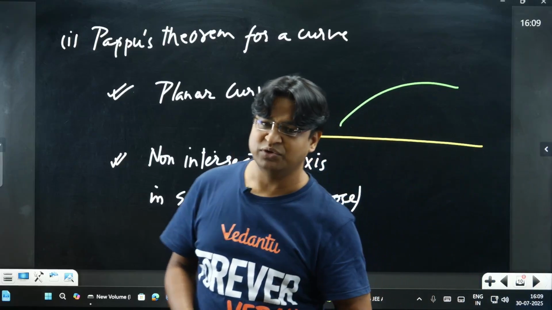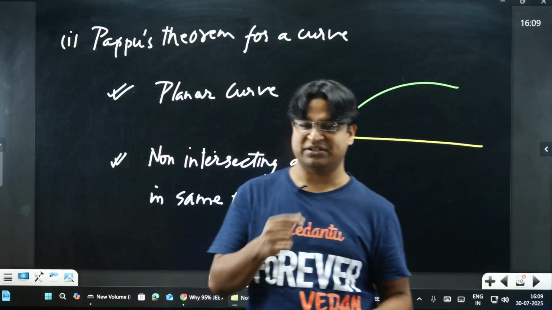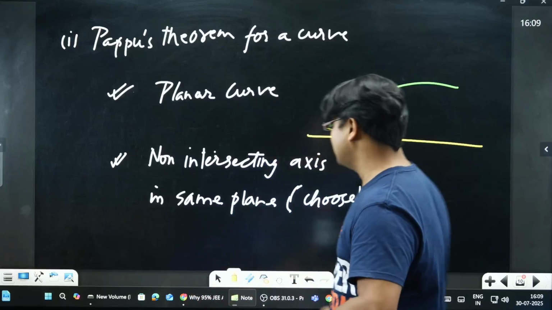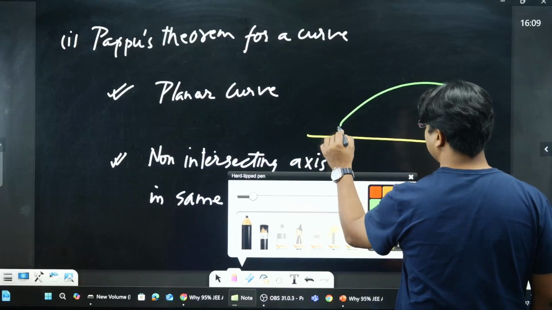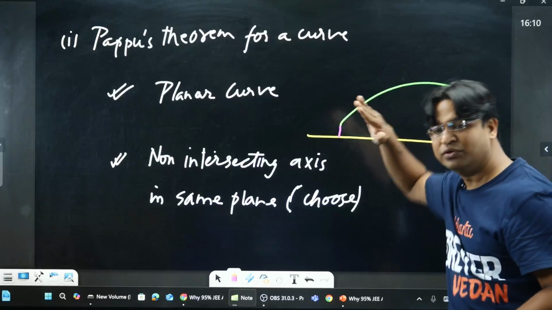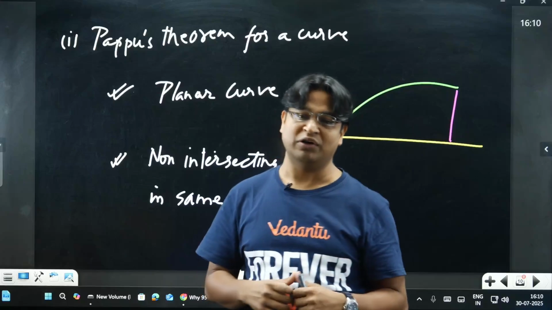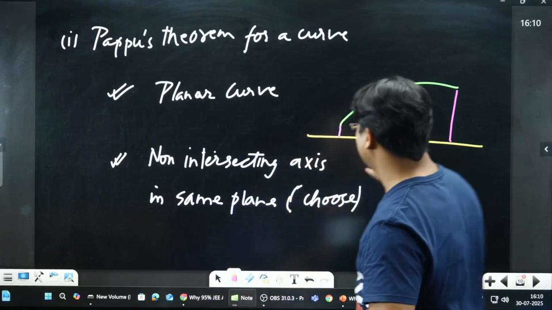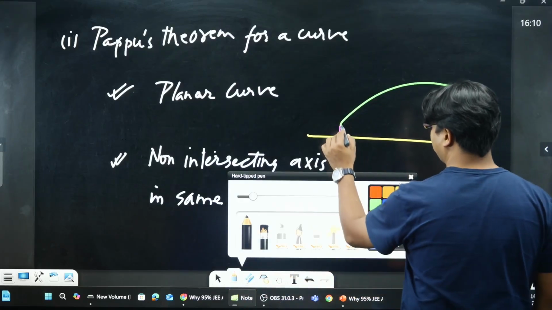Now next, you have to create a surface of revolution around the axis. What does that mean? Suppose you tie threads here, again you have to imagine this. Suppose you tie threads here and threads here, and then you move this curve around the axis, keeping the threads taut always. Can you tell me what kind of trajectory these points will trace?